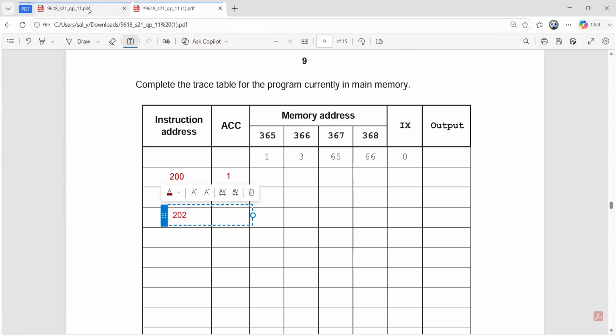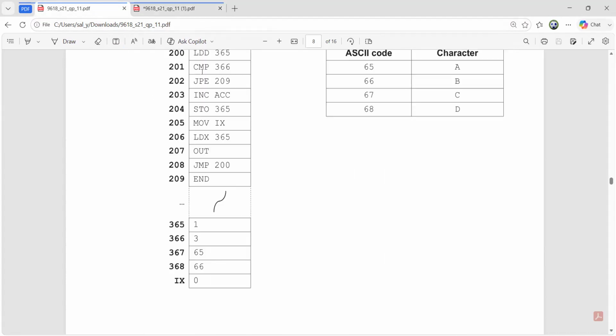Now let me just explain it once again. After comparison is done, the comparison is going to result in either both the contents being equal or the contents not being equal. Now JPE, as we have talked about, is going to do something when the comparison results in a true statement.